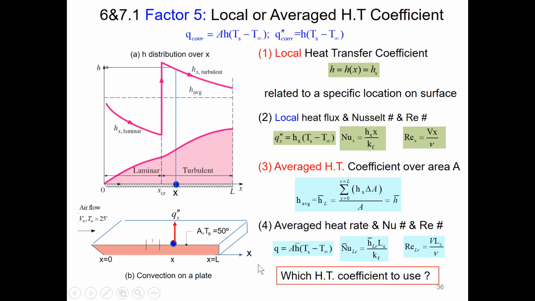The answer is, according to the specific problem, if you use the heat flux equation for unknown, you will select the local heat transfer coefficient Hx to use. However, if you select the heat rate equation to find unknown, then the average heat transfer coefficient H bar is selected to use.